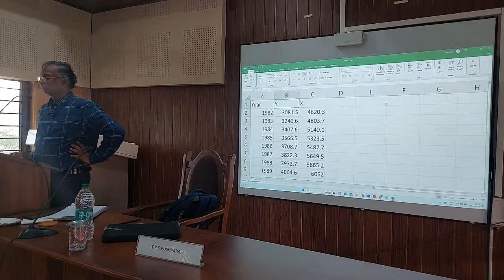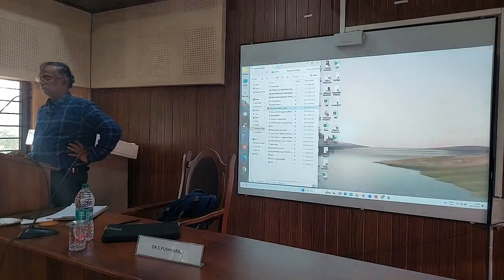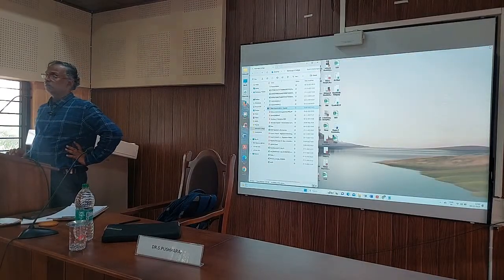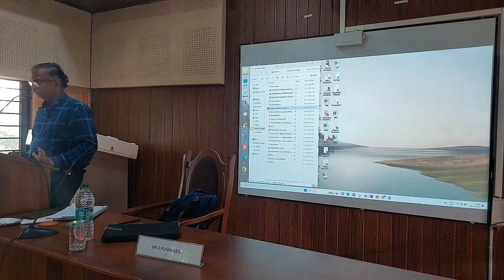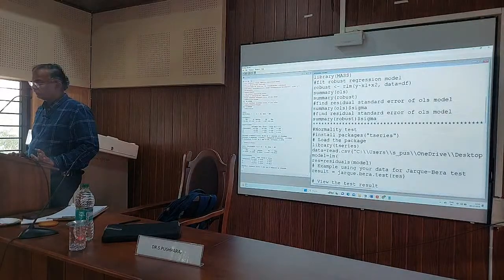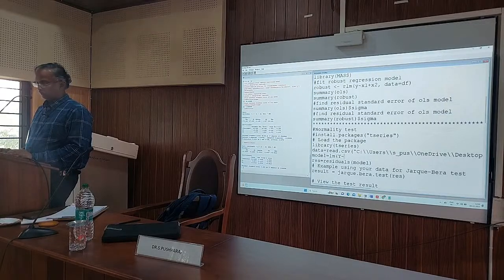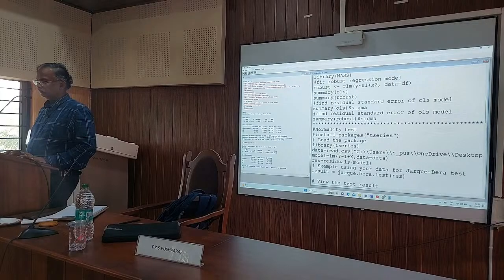Capital letters, so I can use capital letters. This is a consumption function, taken from the Gujarati book. So let me write y tilde 1 plus x, comma data equal to data. I'm going to run this model.